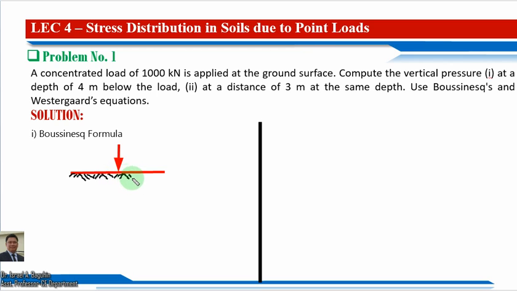Then we draw the load, in this case our point load Q, and this would be our point O. This Q is just equal to 1000 kilonewton, at a depth here of 4 meters below the load.